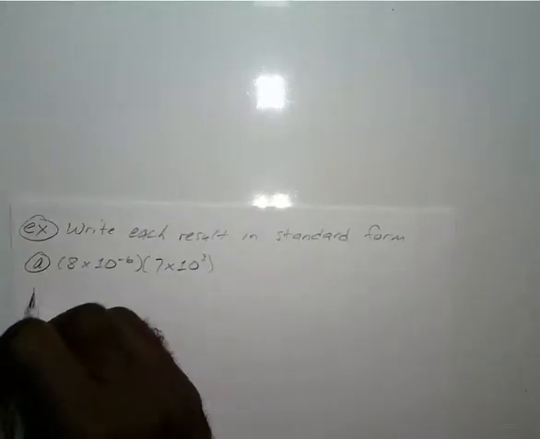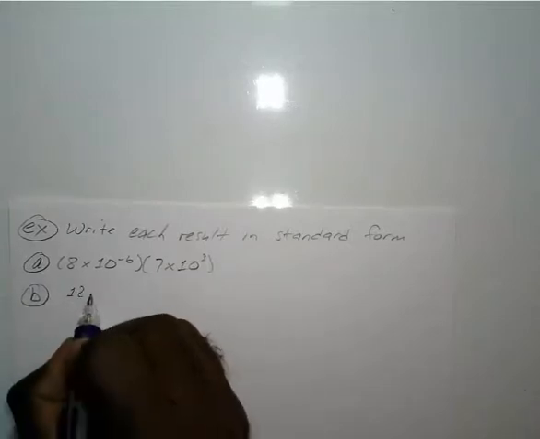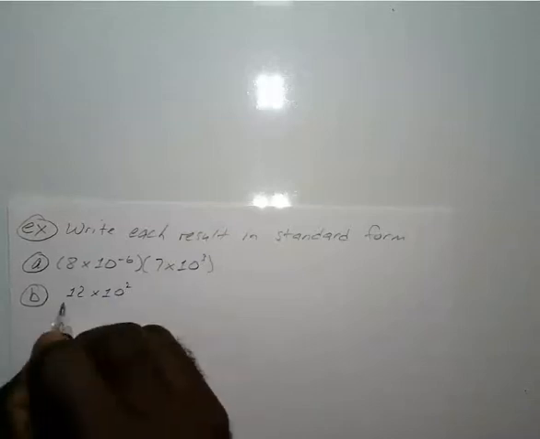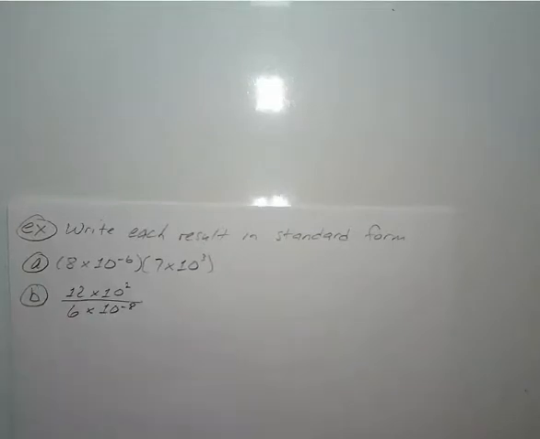Okay, so let's say for problem B, we have 12 times 10 squared over 6 times 10 to the negative 8 power. Okay, so those are a little bit different than the previous examples.